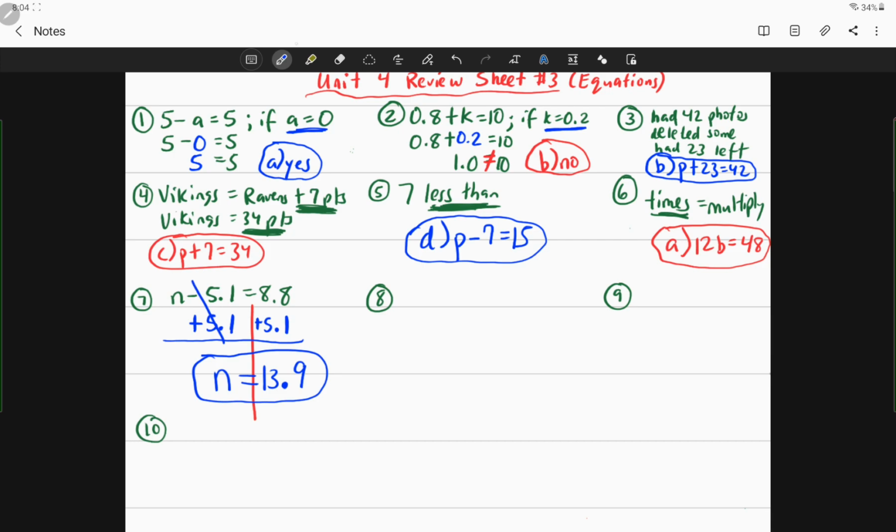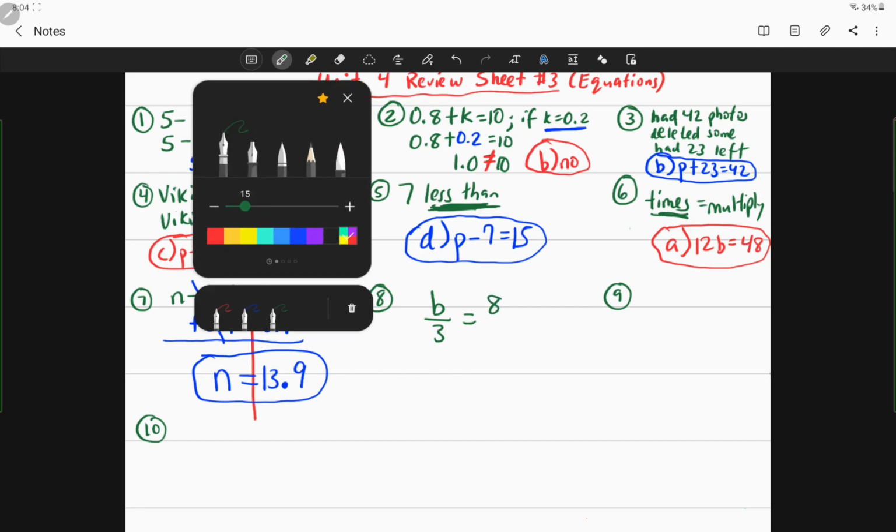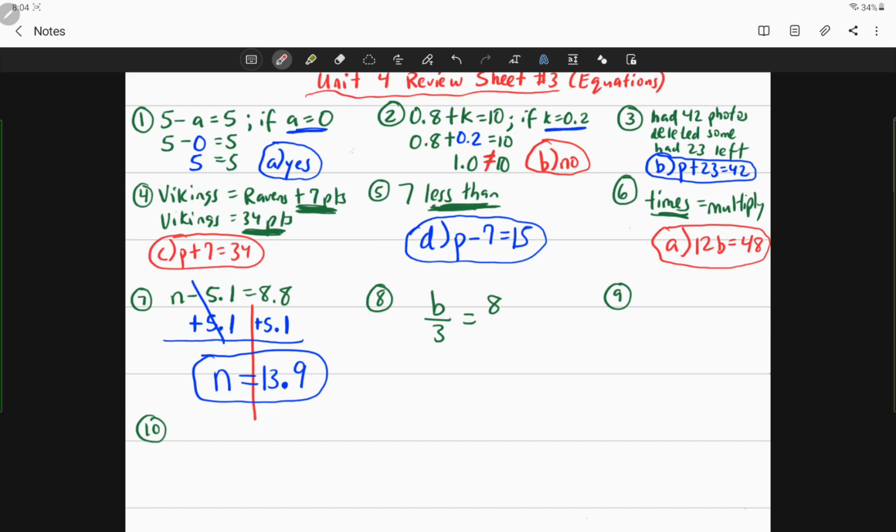Okay, number 8. Number 8 says we have to solve this equation. B over 3 equals 8. Same steps, even though you're looking at division, which we'll get to in a second, but equal sign, let's draw the line. Now what operation do we see? We're looking at division since it says b over 3, or in other words, b divided by 3.